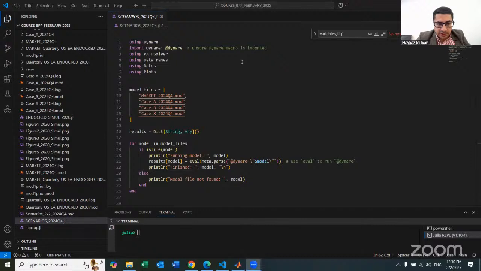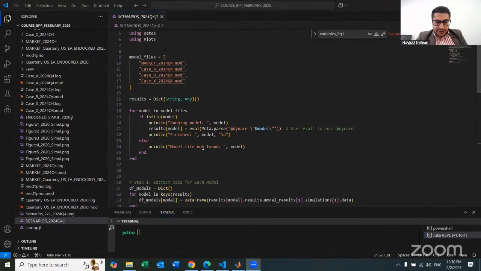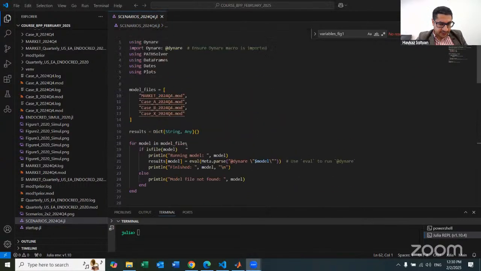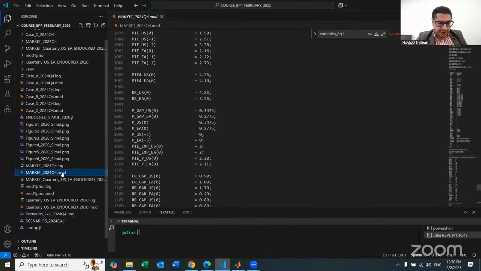But let's go and look at the assumptions, how we put the assumptions, as Ani said, of case A and case B scenarios in the model, and then I will show how in Julia to run simultaneously all 4 codes, how to get results of the output and plot the results in a table or in a figure. Let's first open the market reference scenario.